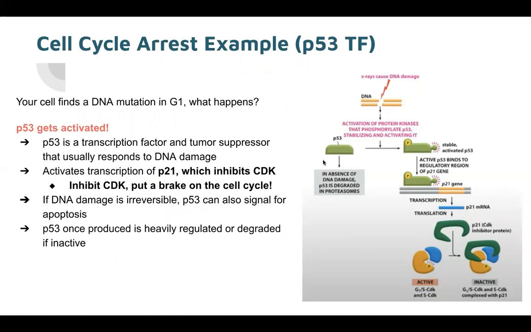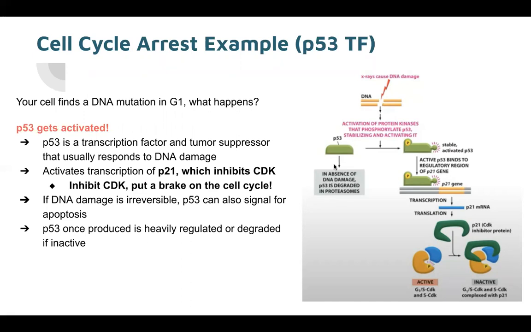This pathway starts off, as you see here, when your cell finds a DNA mutation in G1. So X-ray, UV light, sunburn, you have DNA damage, right? When DNA damage happens, a kinase cascade, which I don't know which kinase cascade it is, is going to add a phosphate group onto P53.